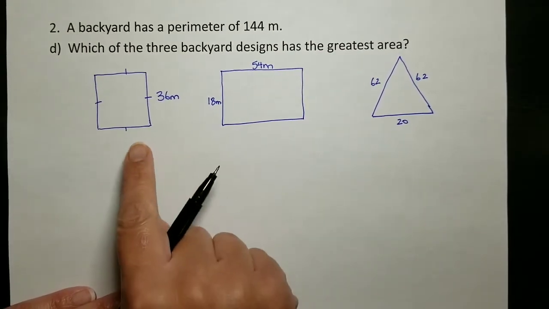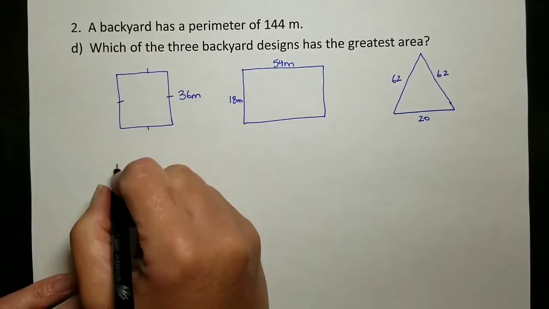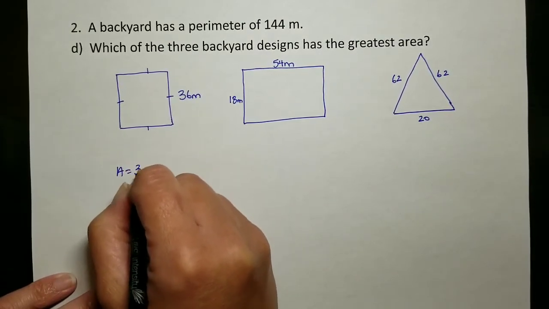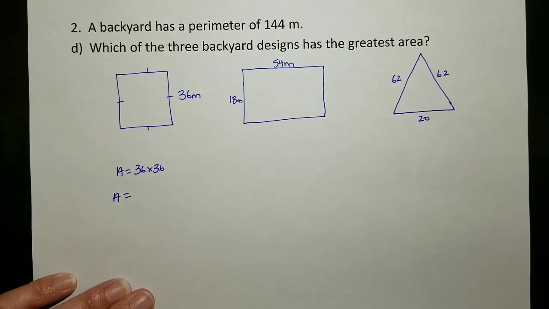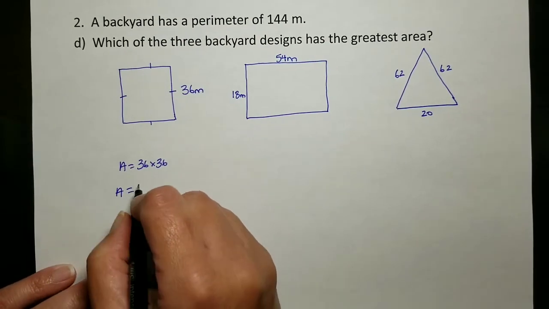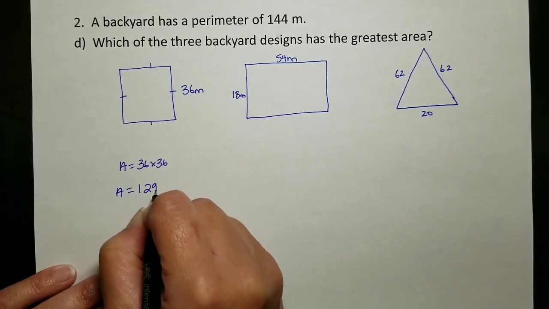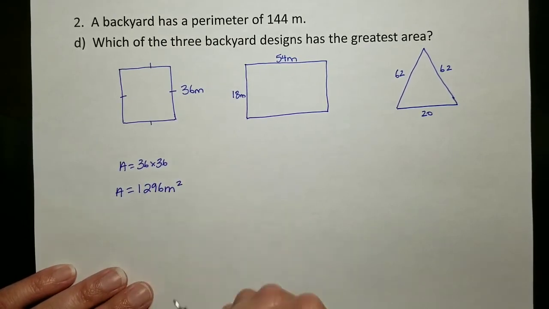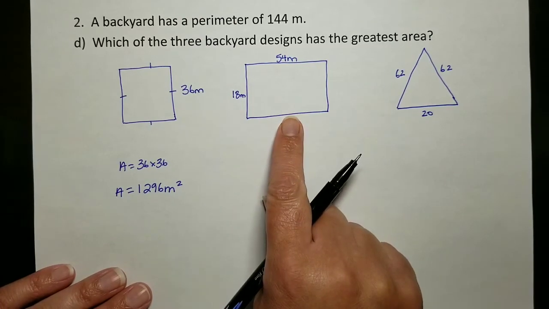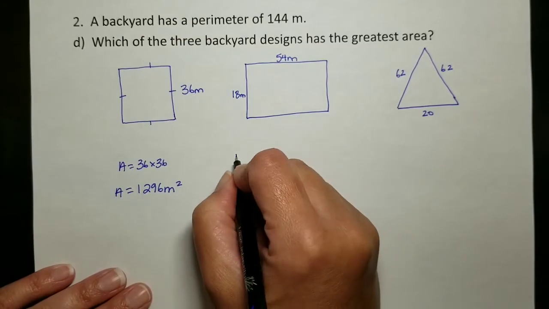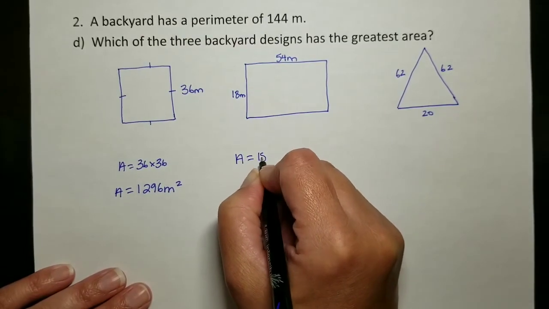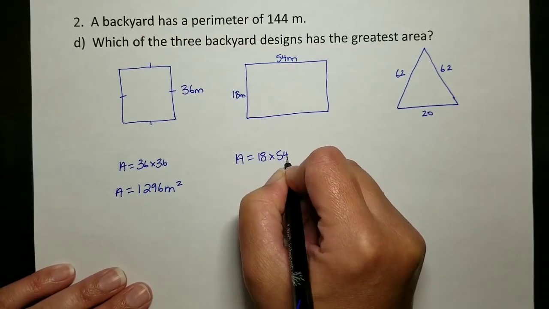So, area here, pretty straightforward. It's 36 times 36. 36 times 36 is 1,296, and that's in meters squared. Do you think the rectangle will be bigger or smaller? Let's try. It has the same perimeter. So here, area is 18 times 54.